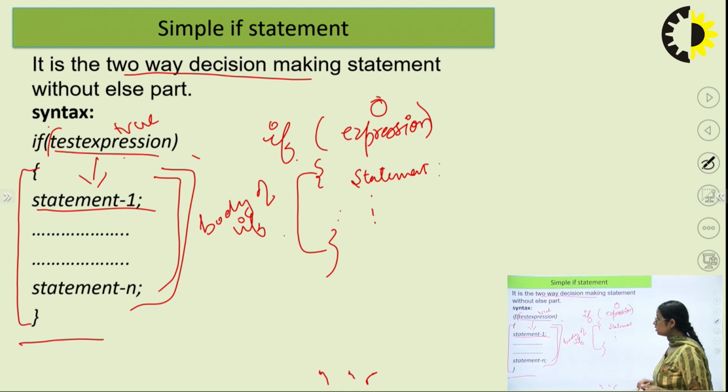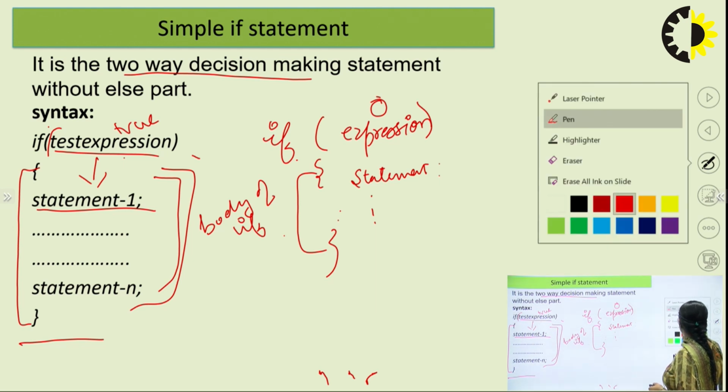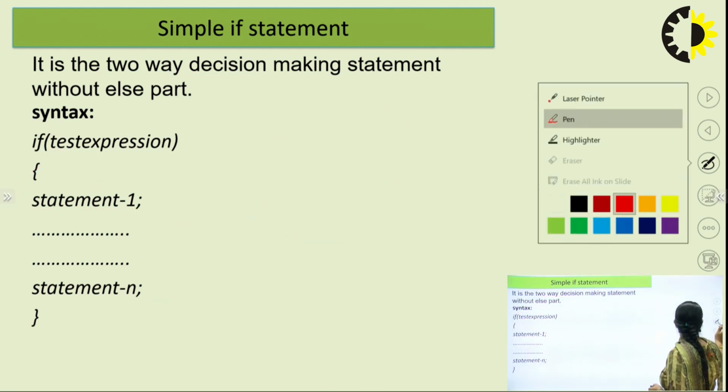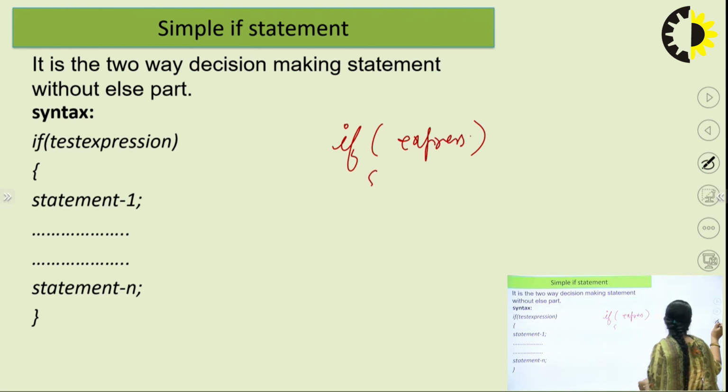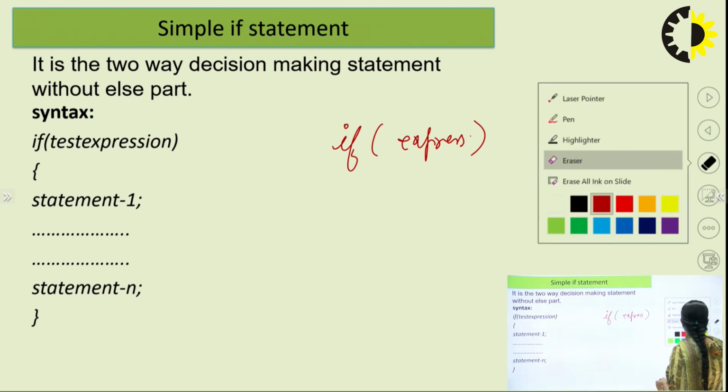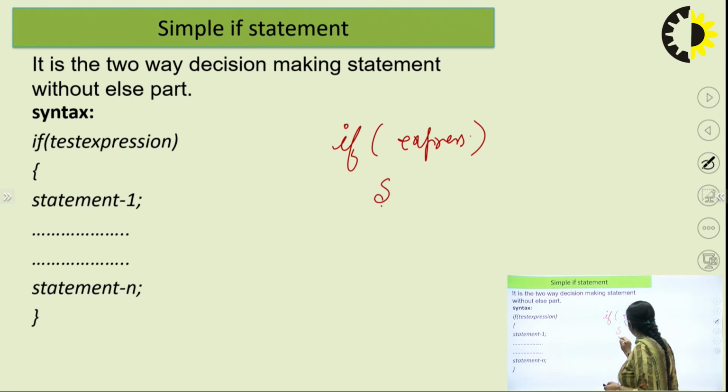But if you are executing only a single statement, suppose I am writing if and then giving some expression here, then there is no need to write the curly braces, and we write this statement 1.